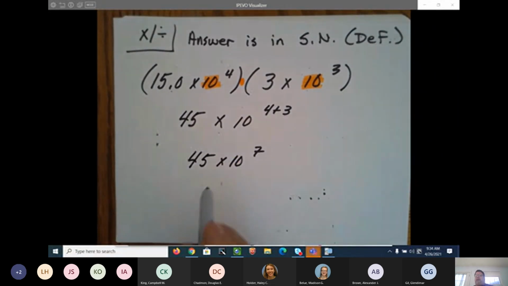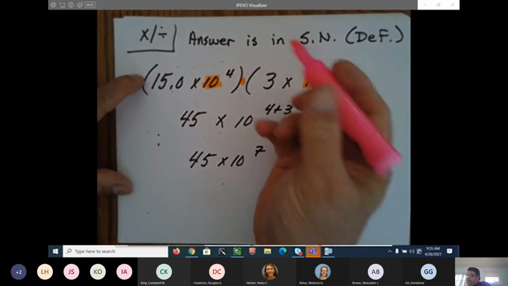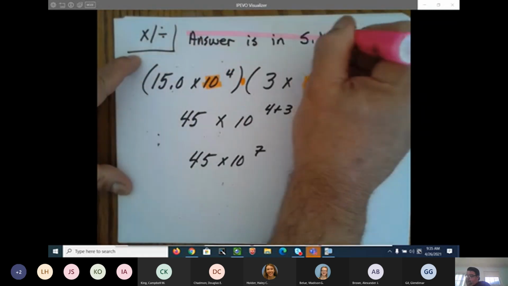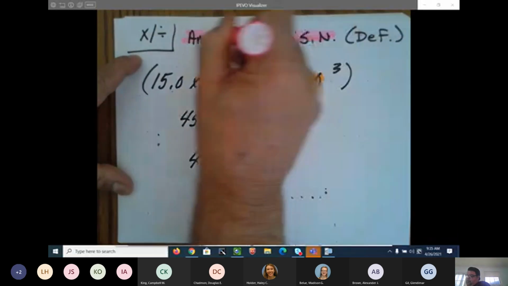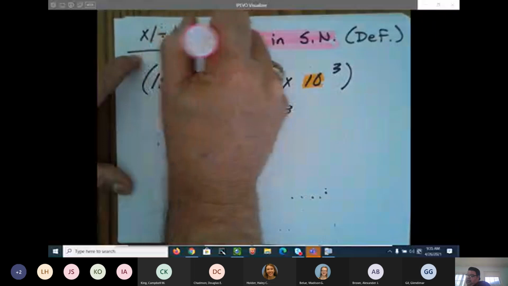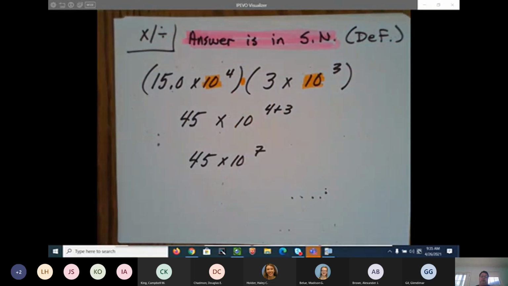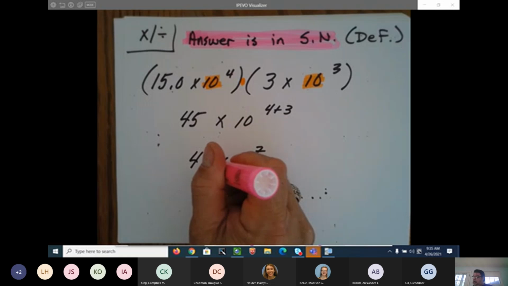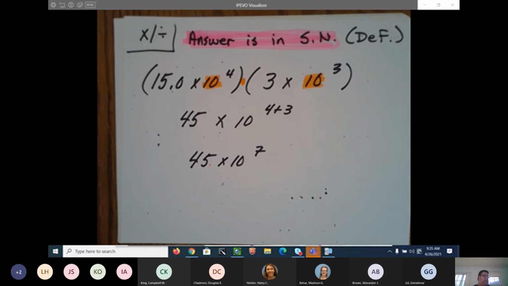Students will write this down as the answer, and it's not the answer, because what do you have to write your answer in? You have to write your answer in scientific notation. That's not in scientific notation because the decimal is right there. And that's why students get these problems wrong.